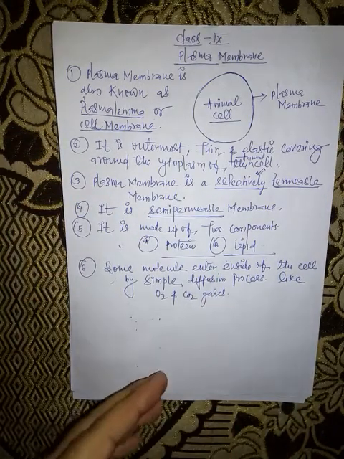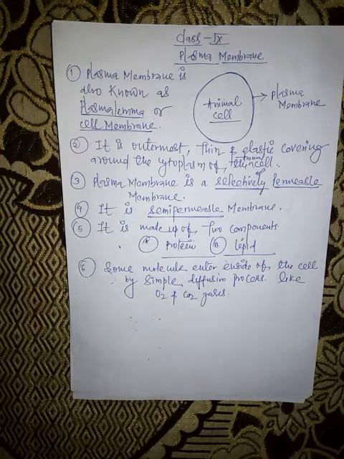Like oxygen and carbon dioxide, both are gases. Oxygen moves from outside to inside the cell and carbon dioxide moves from inside to outside by the process of diffusion. So first we will understand diffusion.